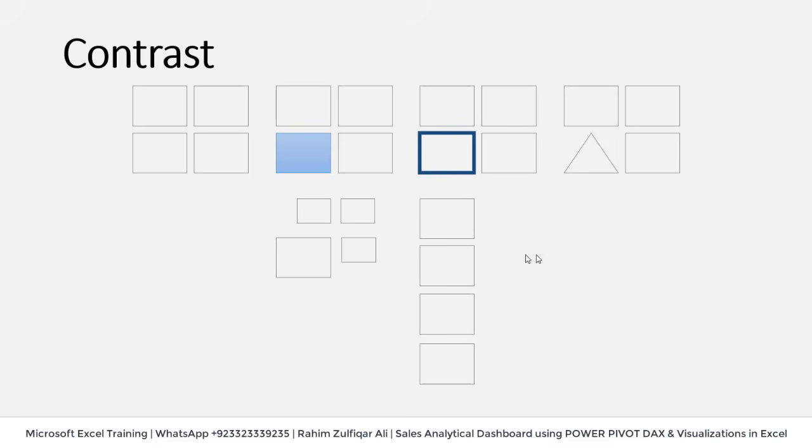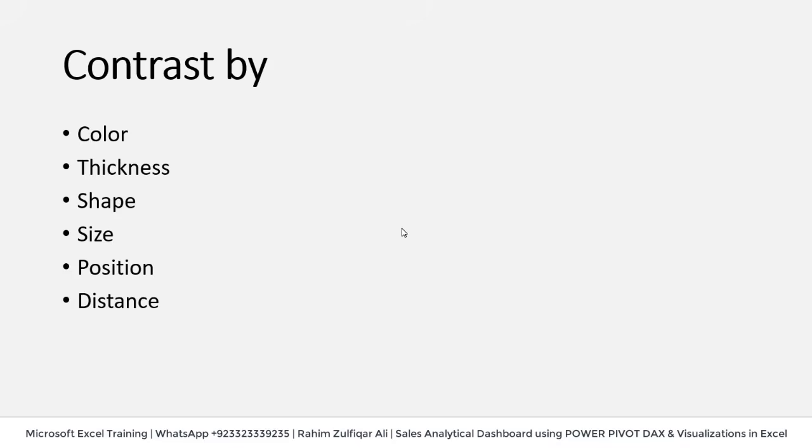Then the orientation, which is a top to bottom approach. And the last one is the distance. As you can see, one box is far from the other 3 boxes. So these are the techniques where you can draw the attention of the user to a specific object first on your dashboard by changing its color, thickness, shape, size, position, or distance.